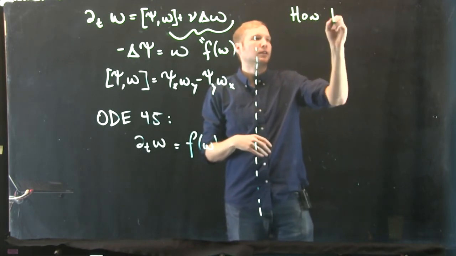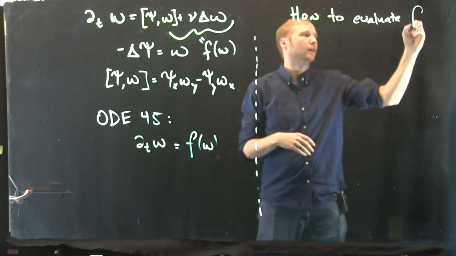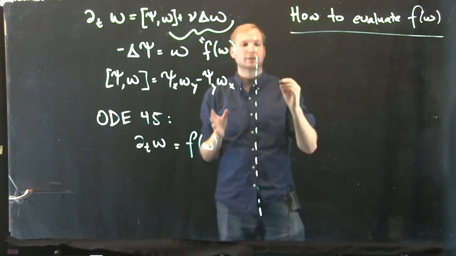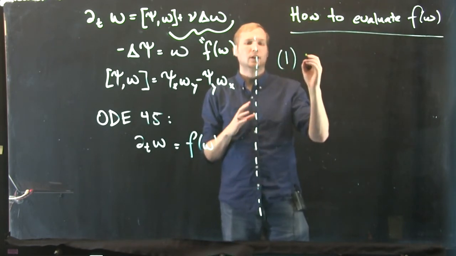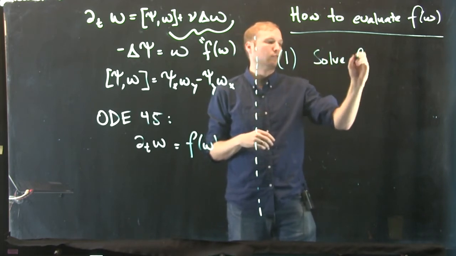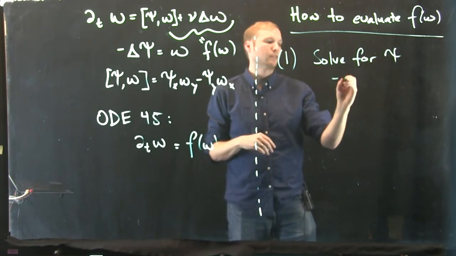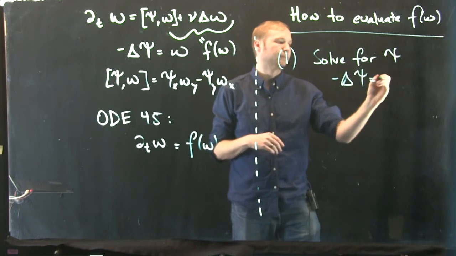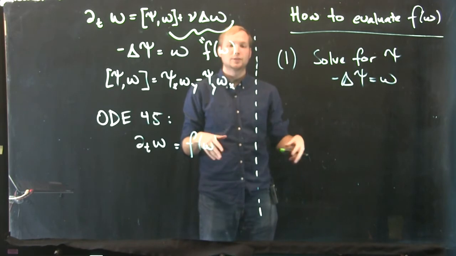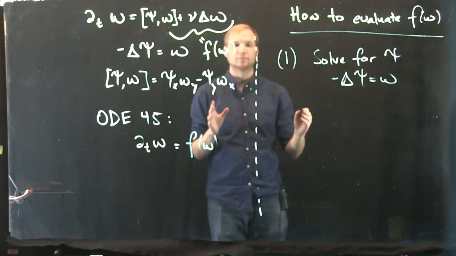And as I said, the first step is we need to solve for psi. And we said psi is related to omega through this Poisson equation. Okay. So that's the first step.